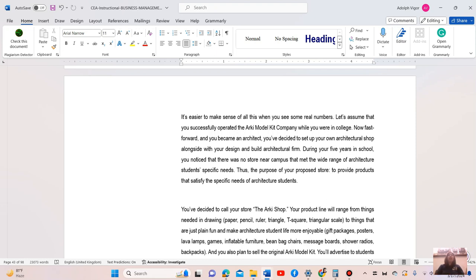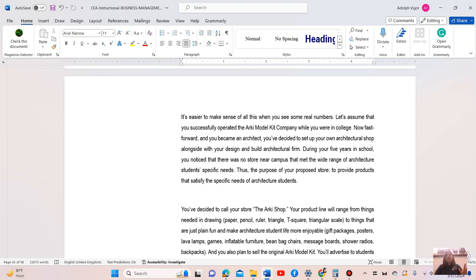In architectural practice nowadays, we will not depend on our firm alone. So we have to have another source of income. So we decided to put up an architectural shop.